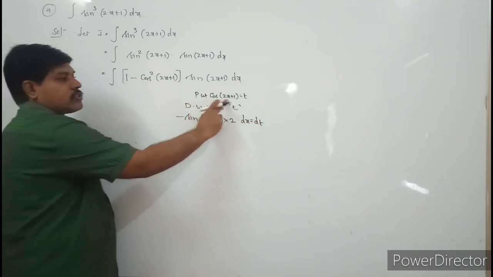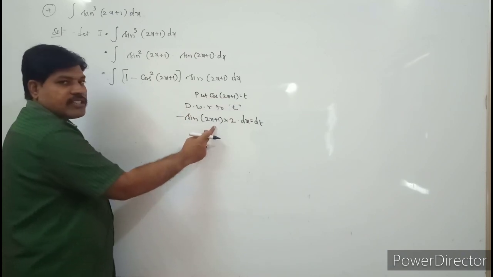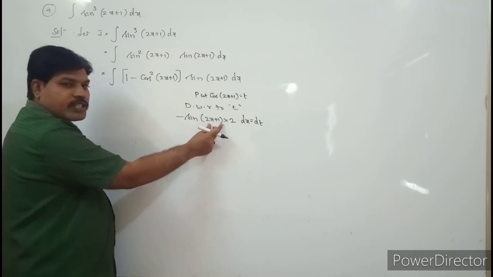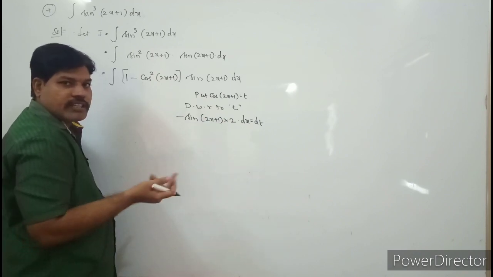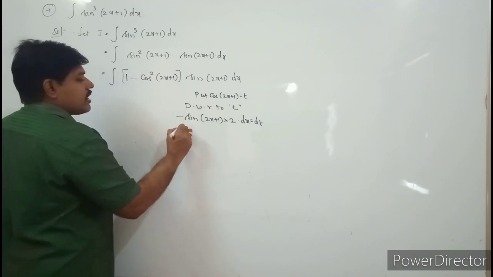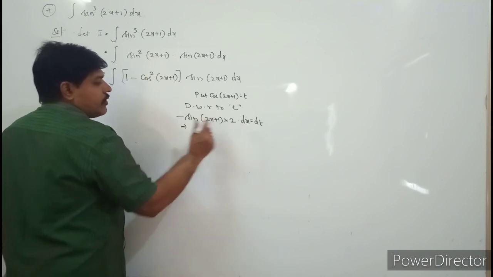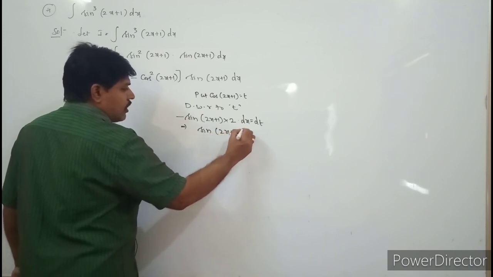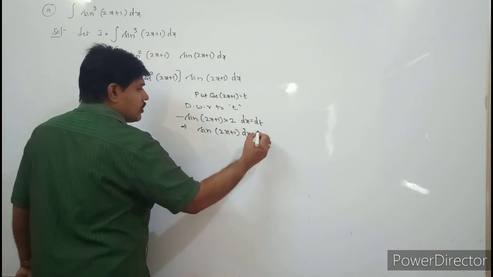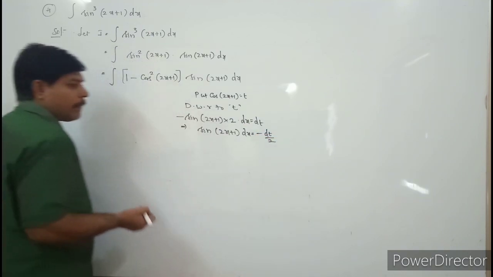So see this one, cos 2x plus 1 derivative: cos derivative is minus sine, and 2x plus 1 derivative is 2. So you will get the product into dx is equal to dt. So that implies sine of 2x plus 1 into dx is equal to minus dt by 2.